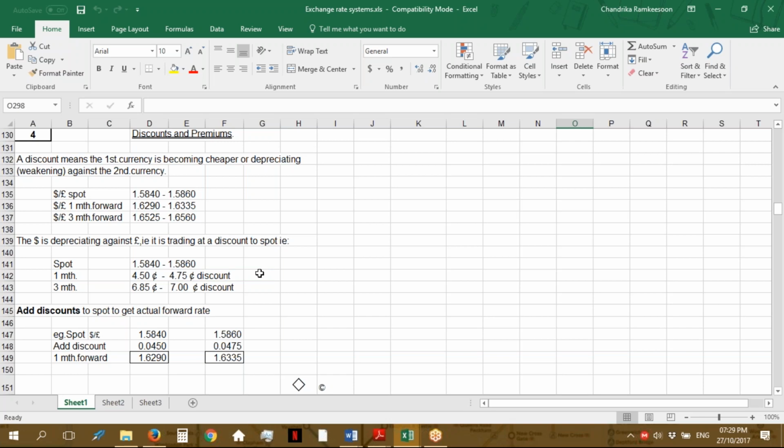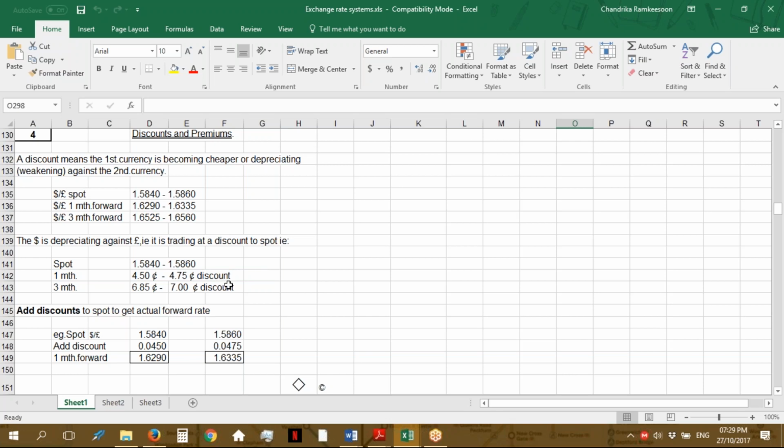So if it's the difference, and he gives you the difference and you need to find the forward, clearly all you need to do is add the discount. The reason why we add the discount is because a discount reflects a weakening currency, and a weakening currency is always represented by an increase in numerical value.